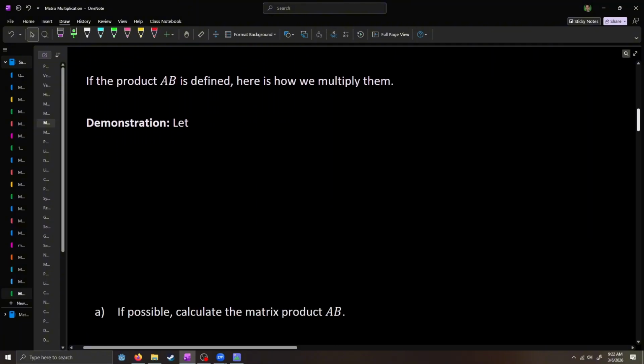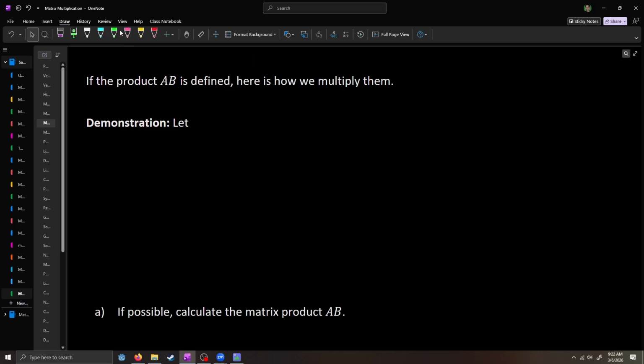Okay, so to demonstrate the process, let me take, for example, the following matrix A, which has 2 rows and 3 columns. And I'll put in the top row the values -2, 0, 1, and in the second row the values 3, -1, +4.